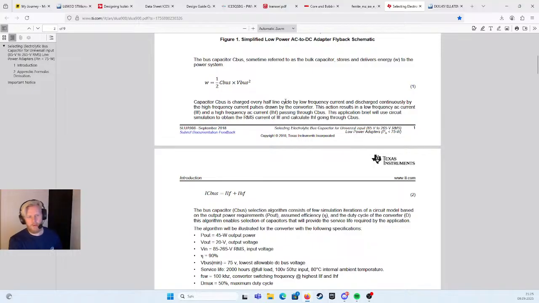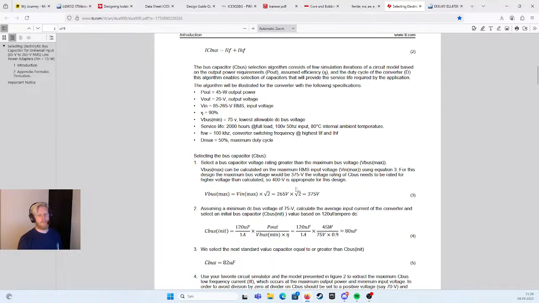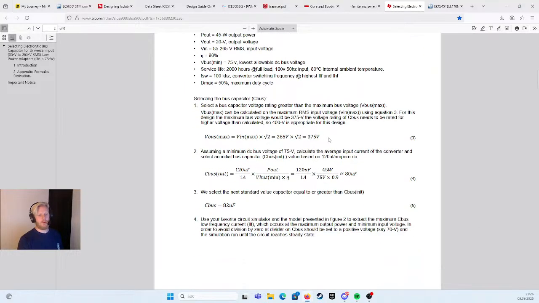Discharge every half line cycle by low frequency current and discharge continuously by the high frequency current pulses drawn by the converter. So we need a voltage rating first.